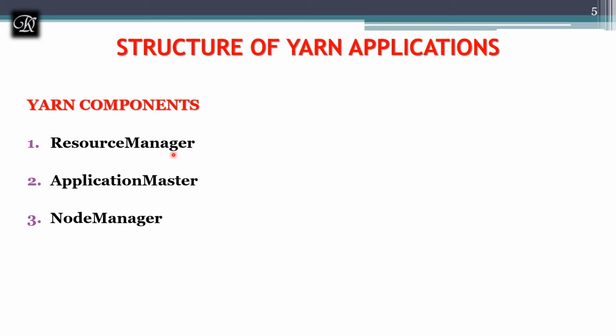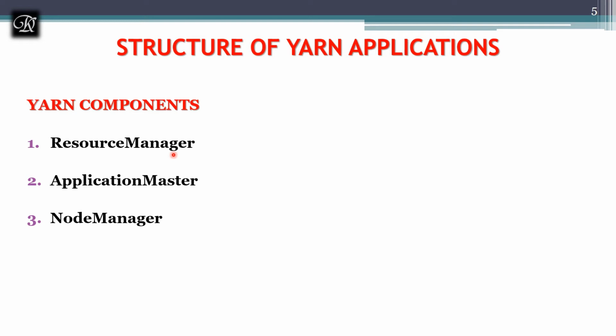I'll take some names from operating system CPU scheduling algorithms: you might have heard about FIFO, SJF, round robin. Round robin is a famous algorithm in resource scheduling. Similarly, here we have a scheduler which will take care of capacity, fairness, and service level agreements.